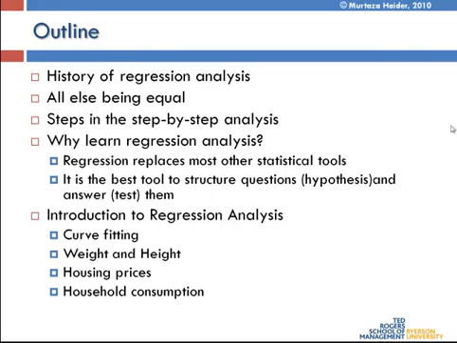And then we talk about various topics, moving from regression being curve fitting to an example of weight and height, how weight could be modeled as a function of height, and then looking at housing prices and what can be learned from them, how we can model them using regression analysis, and then lastly focusing on how households' consumption of food varies as a function of household size.